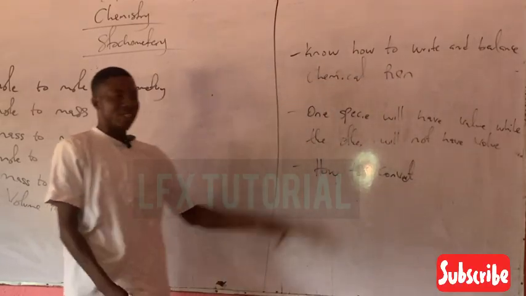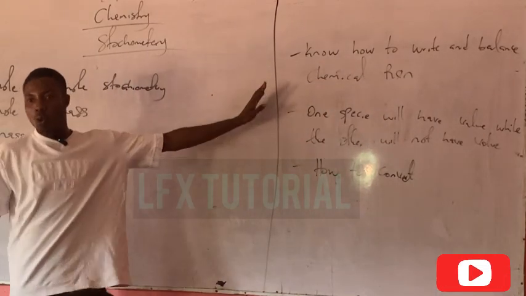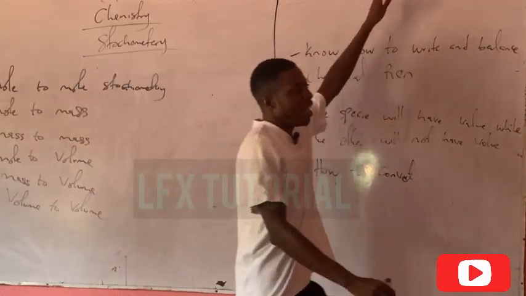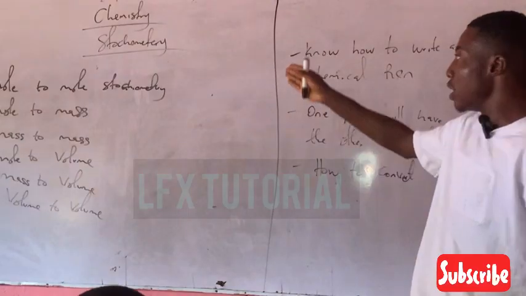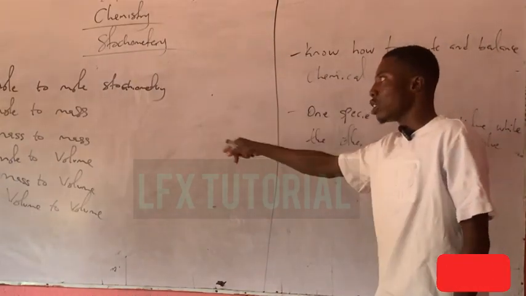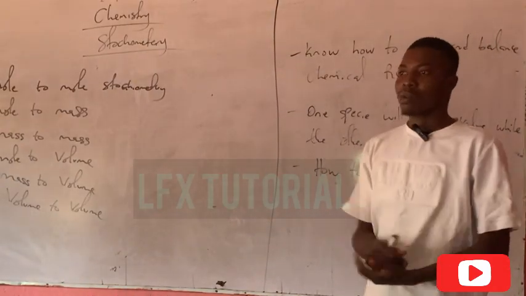If you know these three things, you are good to go in stoichiometry. We are going to learn these three things first before we enter mole to mole stoichiometry, mole to mass, and mass to mass.